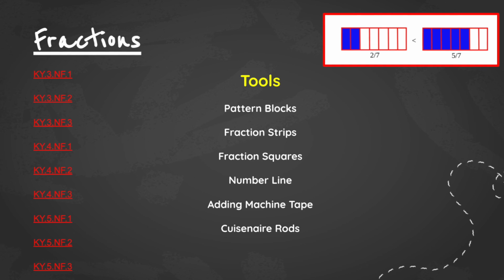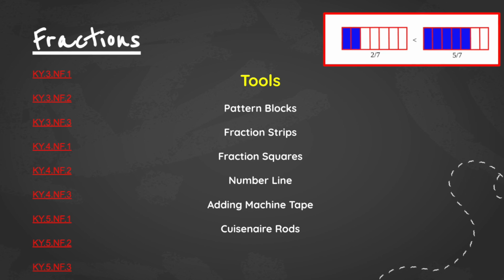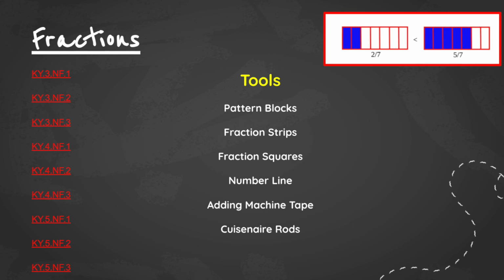We've got some tools. And then of course I'm going to share with you one of my most favorite tools, which is just strips of paper. So first of all, in your kit, you have these, what I call fraction strips, because they're cut into strips.